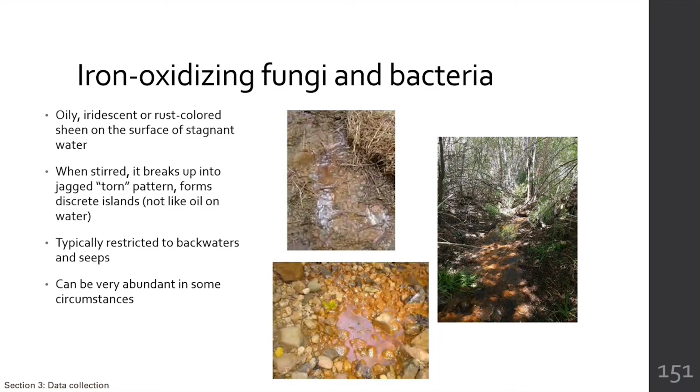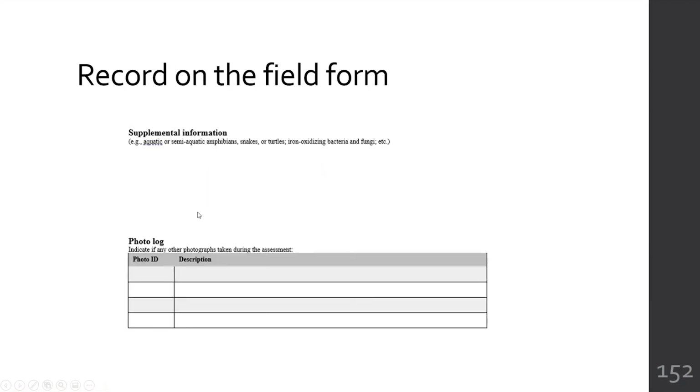If it breaks apart and doesn't reform, you have a biological film of iron oxidizing fungi and bacteria. If it just coalesces back together, it's oil. In some streams, particularly those affected by mines or certain groundwater discharges, you can find them in very high abundance. Again, any supplemental information you just describe on the field form, and note any photos you might have taken.